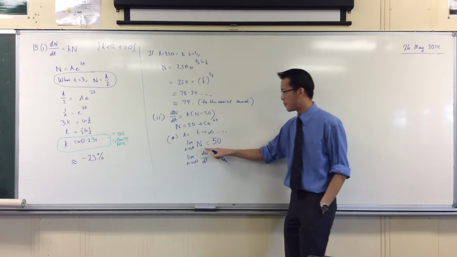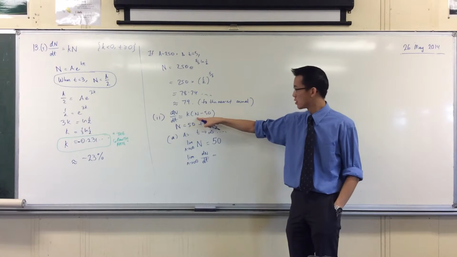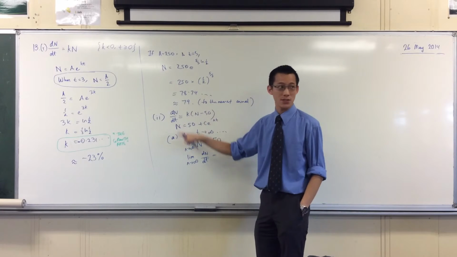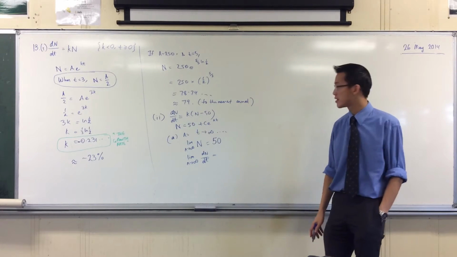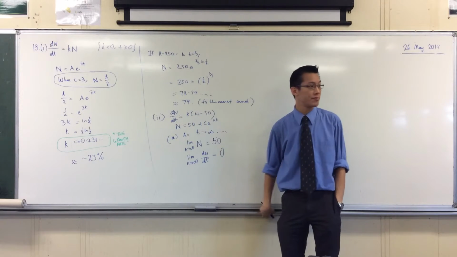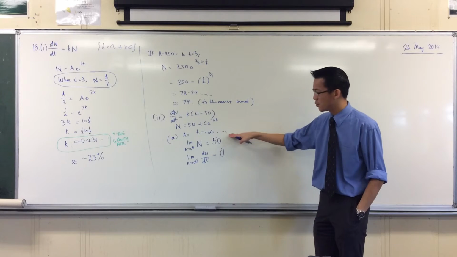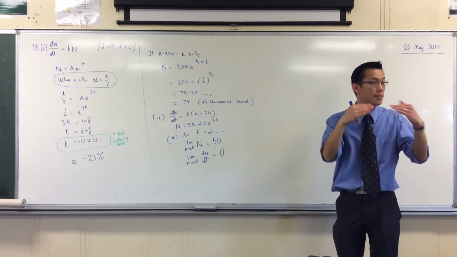Well, I know what's happening to n. It's going toward 50. So what's happening to n minus 50? It's going toward 0, isn't it? So the whole thing is going toward 0 because k is just a constant. There you go. So what this tells you is that it's leveling off to 50, and it's stabilizing there.